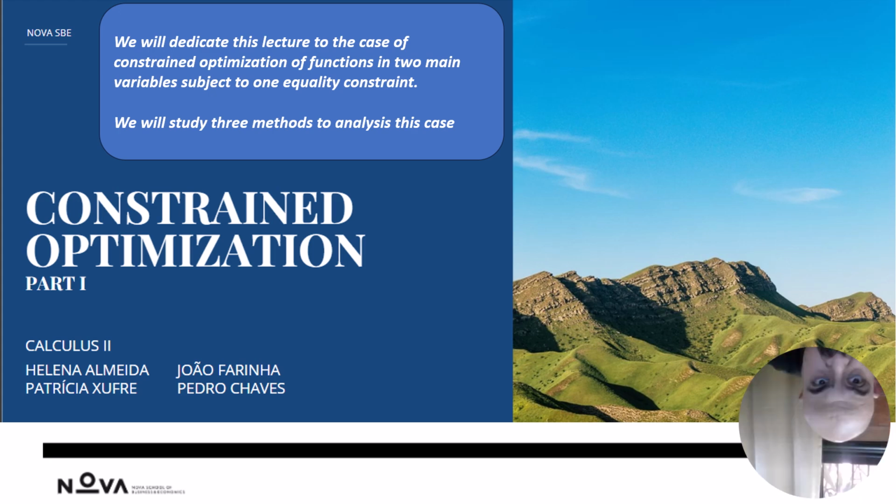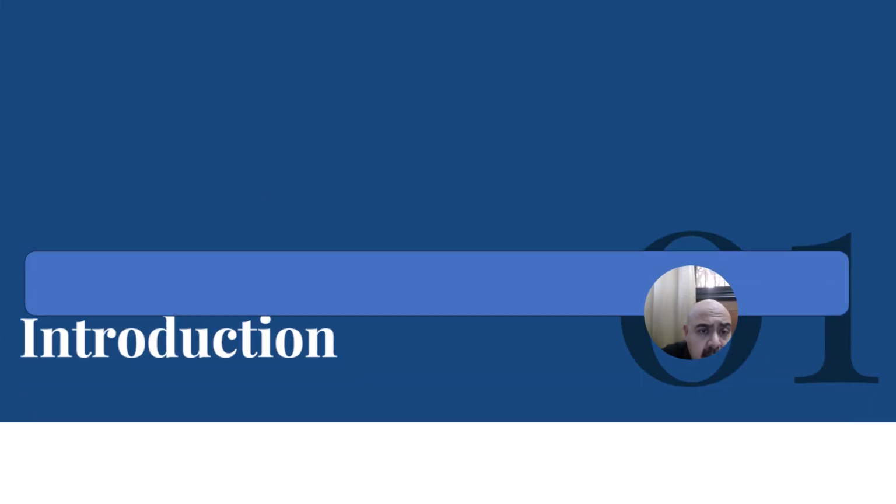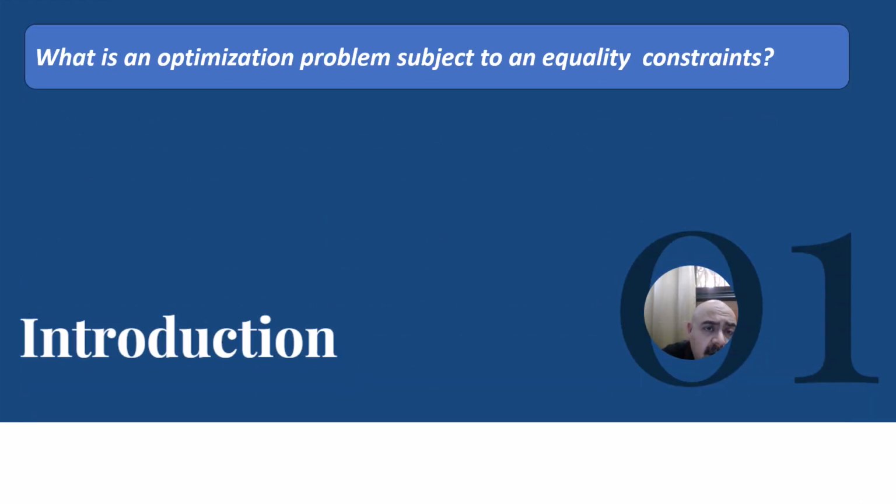The first of them is the graphical method, and then the implicit function method and the substitution method. These are the three methods that we will handle, inshallah. But before we start, we need to understand what an optimization problem subject to an equality constraint looks like.